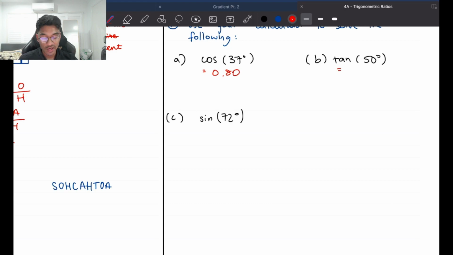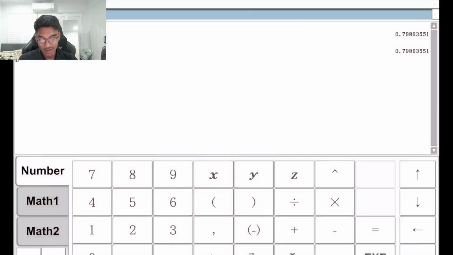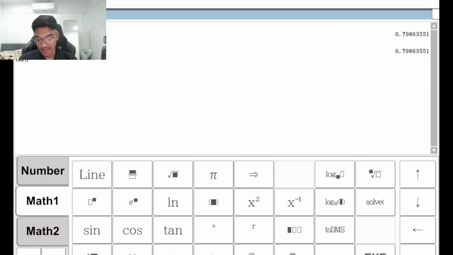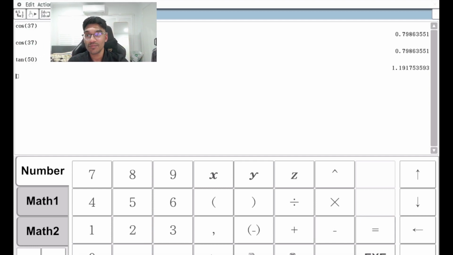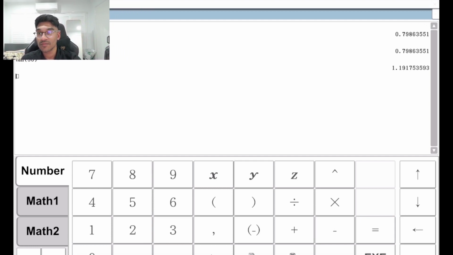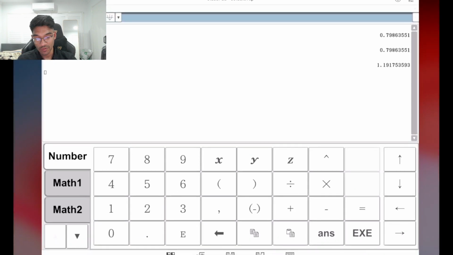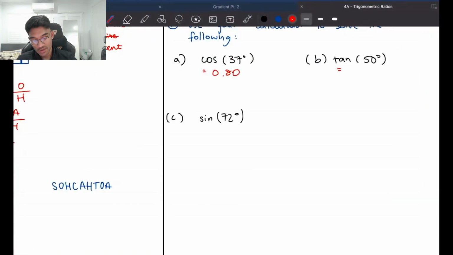The next one says tan of 50 degrees, so get your calculator out. We're going to go to math 1, tan, number 50, close bracket. We can see it's 1.19. You probably can't see because my thing is in the way. Let's see if I can move it. So 1.19, and finally the last one I'll put in the calculator is sine of 72 degrees.